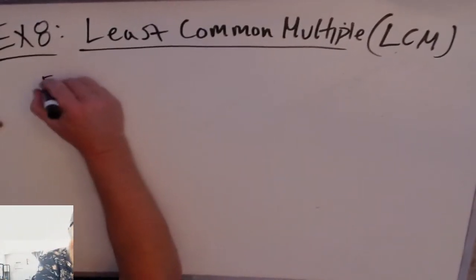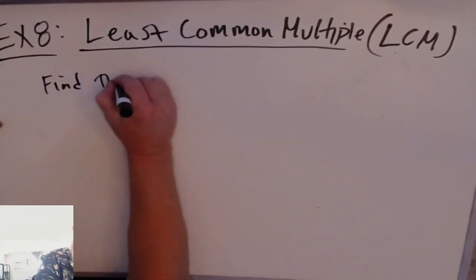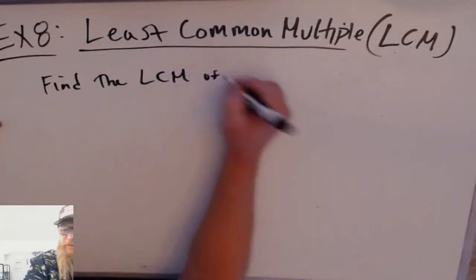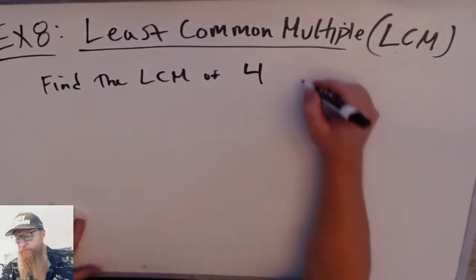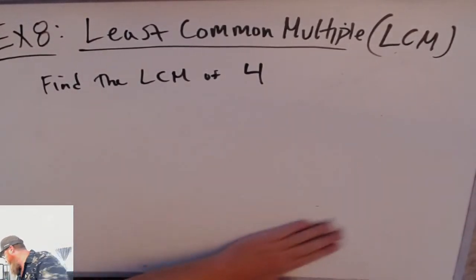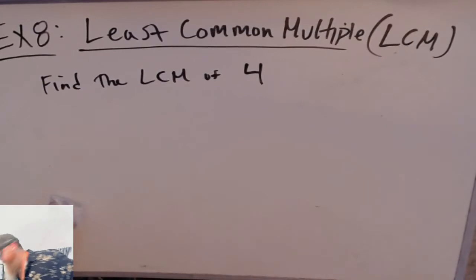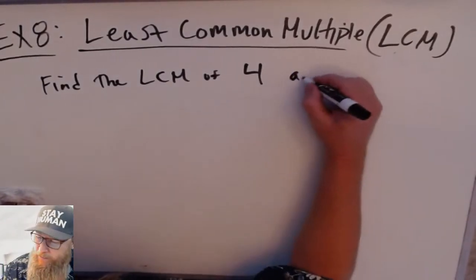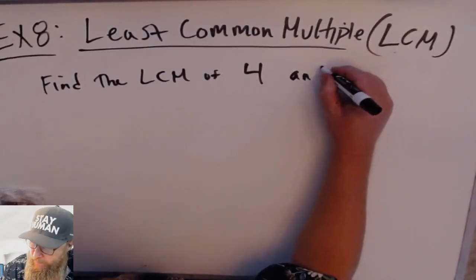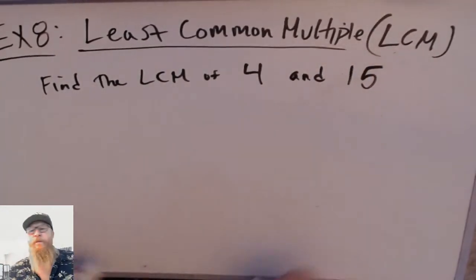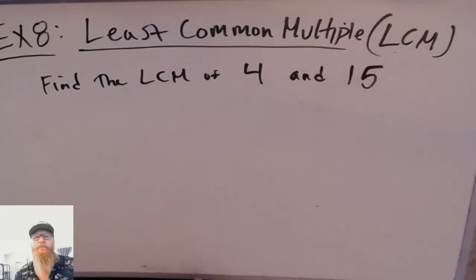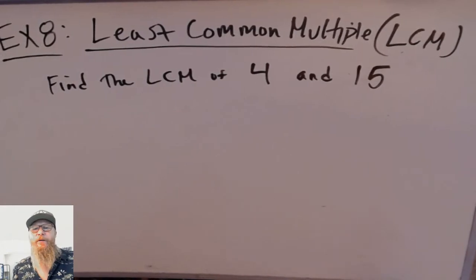Okay, so find the least common multiple, and we'll start with 2 numbers: 4 and 15. Okay, so what is the least common multiple?